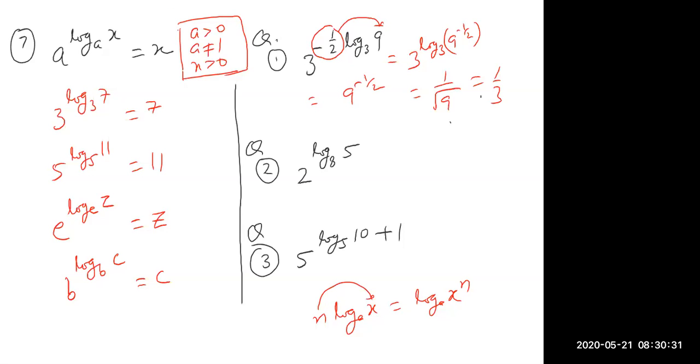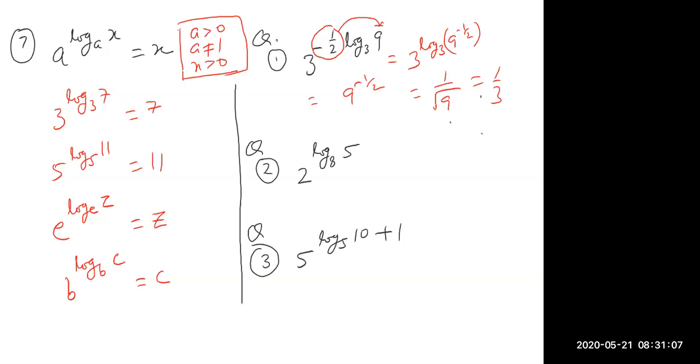Sir, the first one can also be 3 raised to power log 9 base 3 to the power minus 2. What? Sir, like in the sixth property, it is given as log x base a to the power m equals 1 by m log x base a.